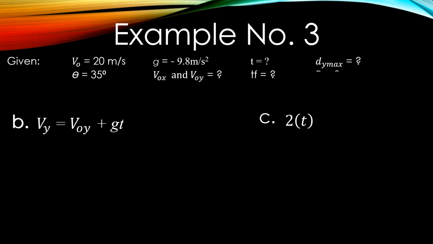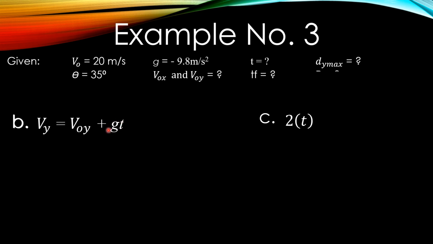Moving forward, let's look for the time in which the object reached the maximum height in a trajectory. We will be using the formula for the instantaneous vertical velocity, in which Vy is equal to initial vertical velocity plus the gravitational pull times time. The value of the Vy is equal to 0. Initial vertical velocity is equal to 11.5 meters per second.